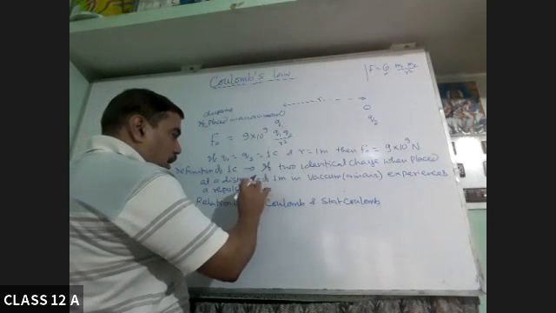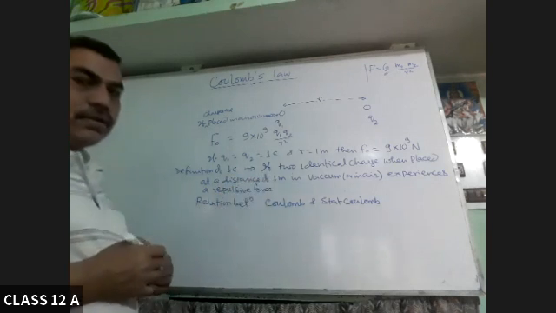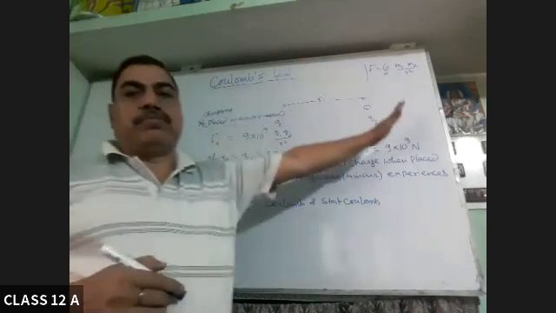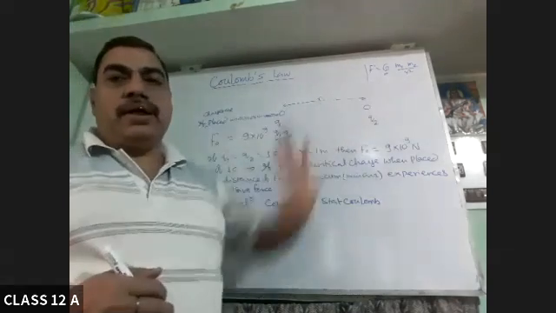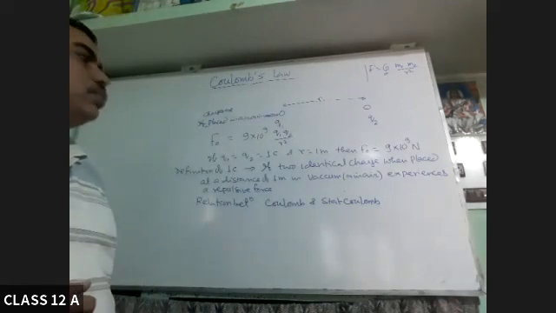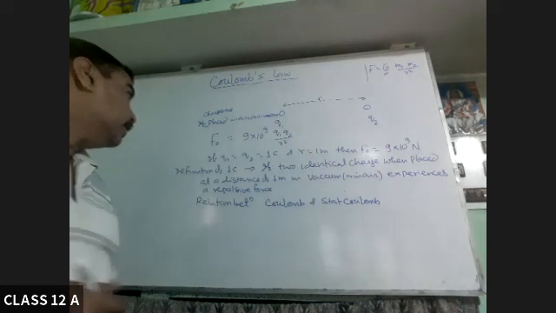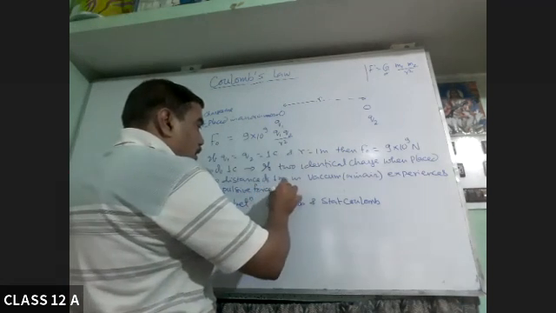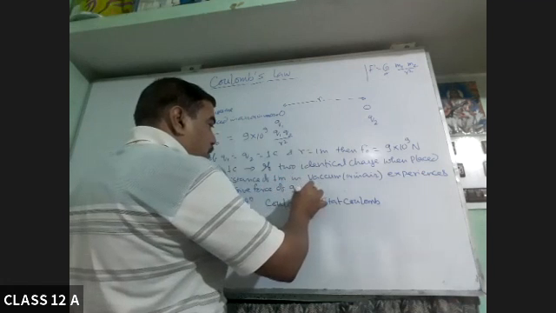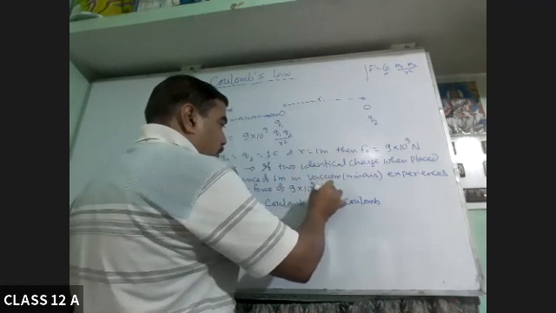As the charges are identical, that means if this is positive, that will also be positive. That is the meaning of identical charge: magnitude is the same and nature is also the same. Then only we say two charges are identical. So they experience a repulsive force of 9 into 10 to the power 9 Newton.